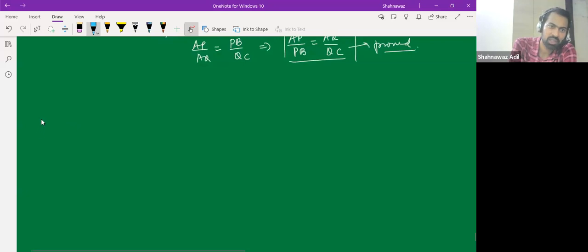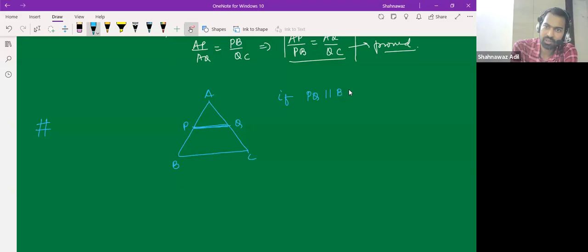Let me say it again: whenever we have a triangle and we draw a parallel line to the third side, so this is PQ, which is parallel to BC. So if we have PQ parallel to BC, then AP by PB equal to AQ by QC. This is the 6.1.